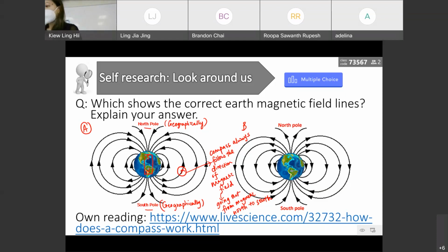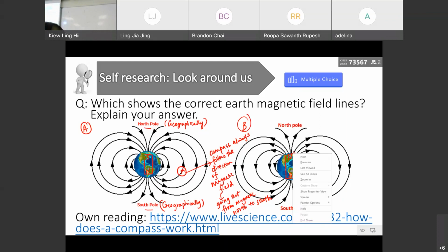then you can explain to them, actually in terms of physics, magnetic field points from the magnetic north pole to the magnetic south pole. Am I right? So if you say B is correct, meaning that this is north and this is south, meaning that the geographic north pole is the magnetic north pole and the geographic south pole is the magnetic south pole, then your actual direction will be moving from north to south, am I right?